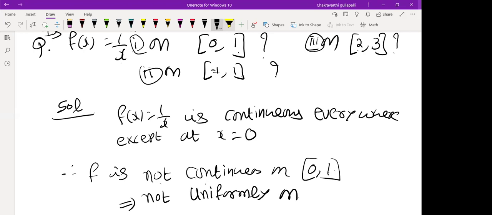Suppose there is a course where you have part A, B, C. You have failed in part A. So, overall, is it a failure or not? Even though you have passed part 2, part 3, what is the overall result? Fail only. Similarly, if it fails at any one of the points in this interval, it is an overall failure. That does not mean you have not passed part 2, part 3.